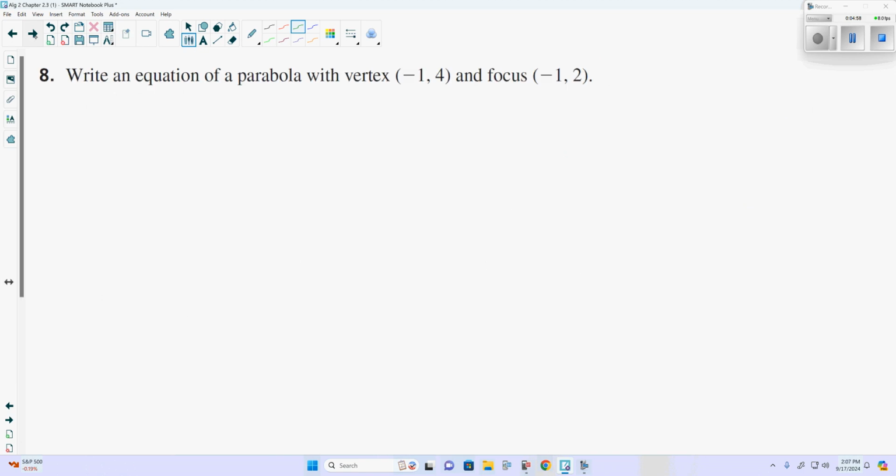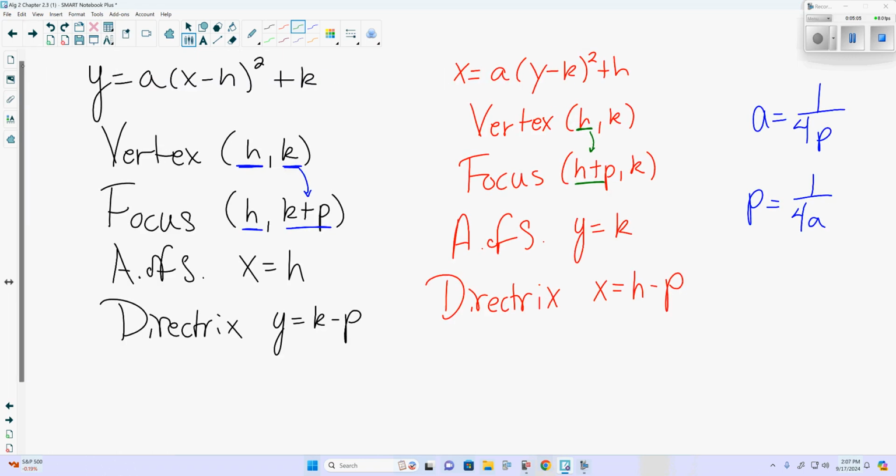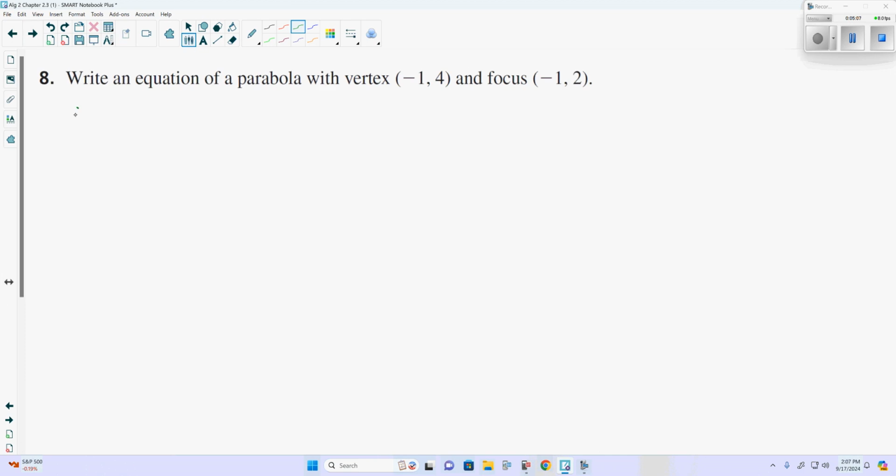Now for here, since the second value changed, that means we're using what? Y equals. So the general form for this is y is equal to a times x minus h squared plus k. We're still looking for a, h, and k, because once we find these three values, we plug them in.